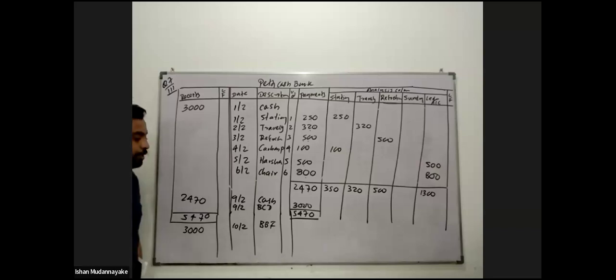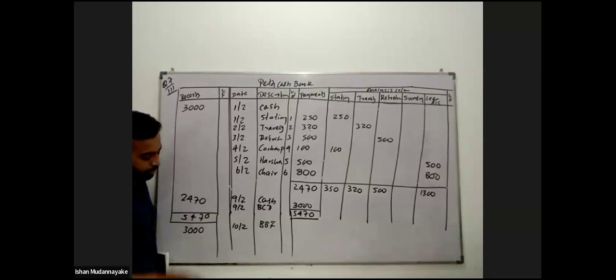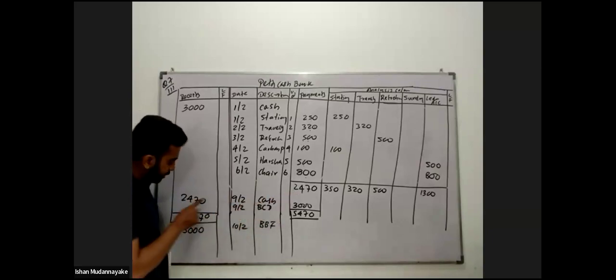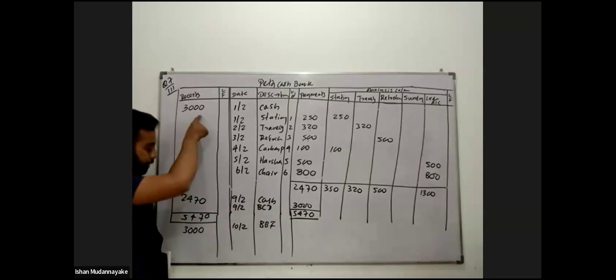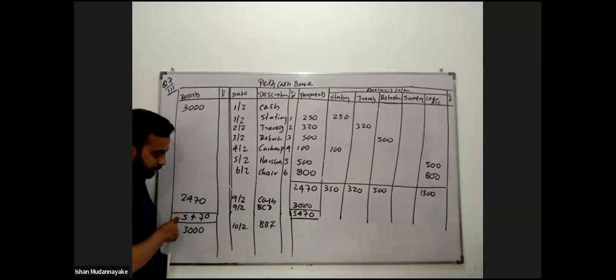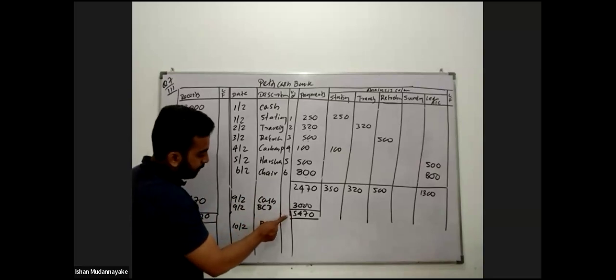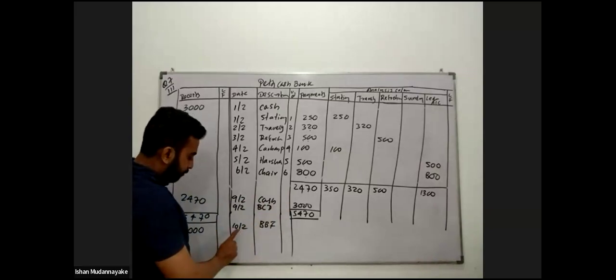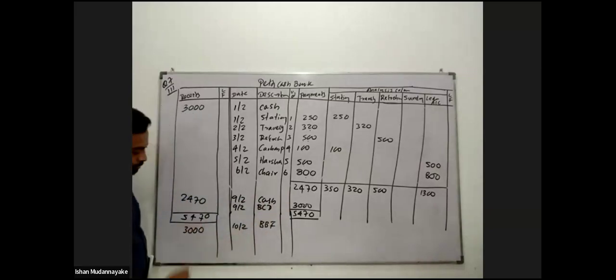If the examiner asks you to reimburse within the month, you can balance the petty cash book like this: total payments 2,470, then February received cash 2,470, then 3,000 plus 2,470 is 5,470, minus 2,470, balance carried down 3,000. 10 February balance brought forward 3,000.